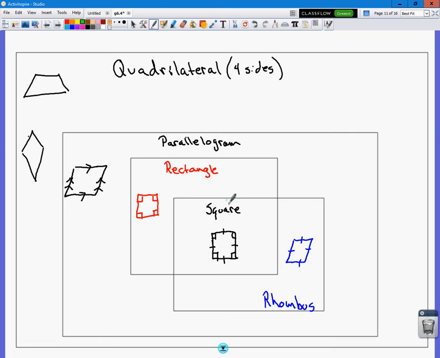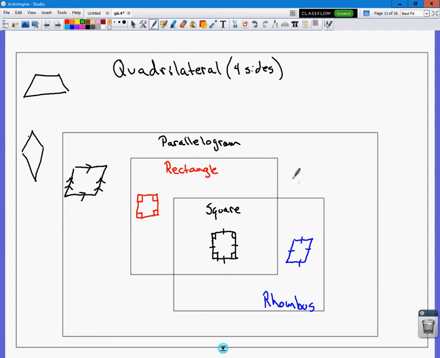If I was looking at this diagram then, it tells me that every square is a rectangle, but not every rectangle is a square. Every rhombus is a parallelogram, but not every rhombus is a square.